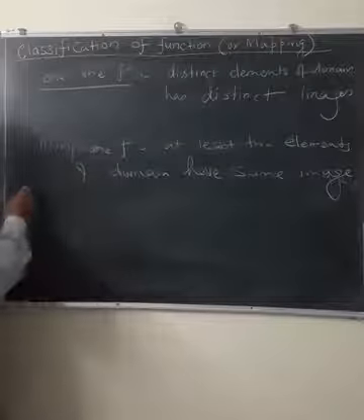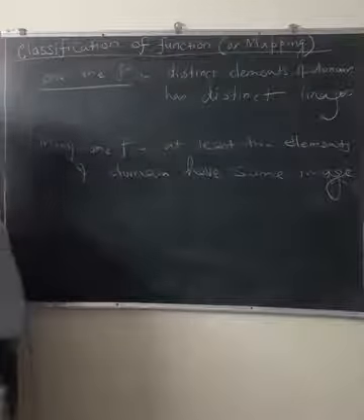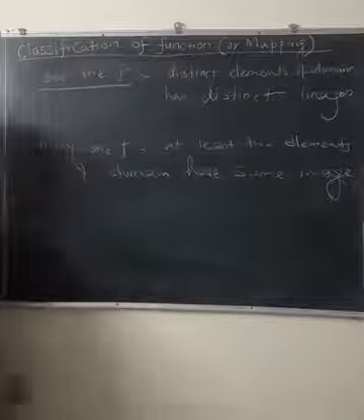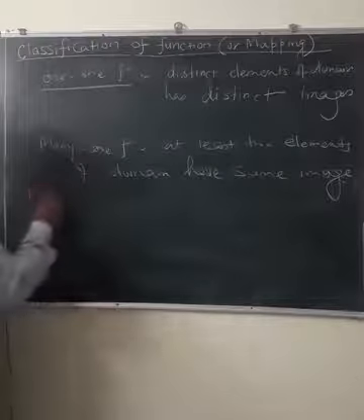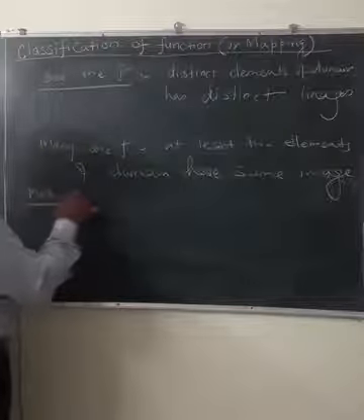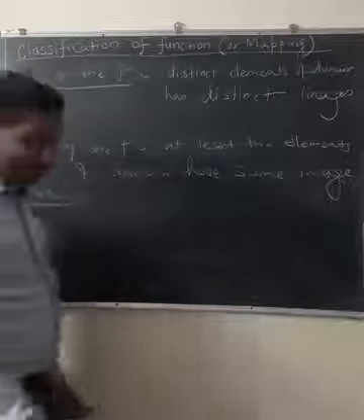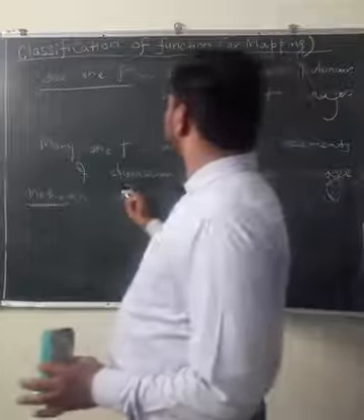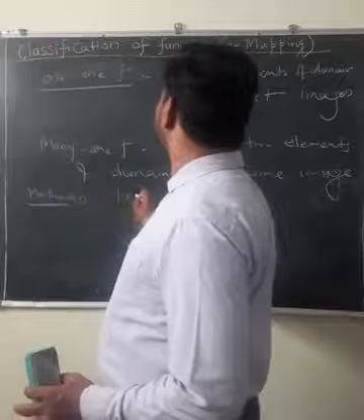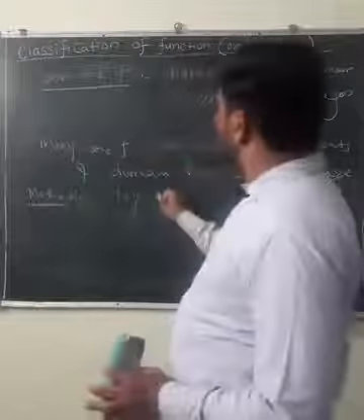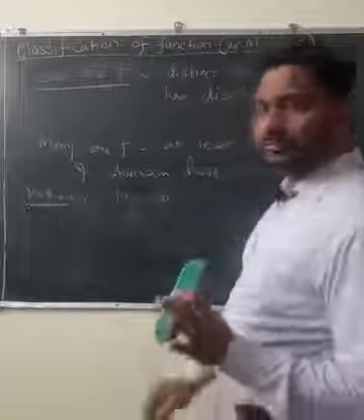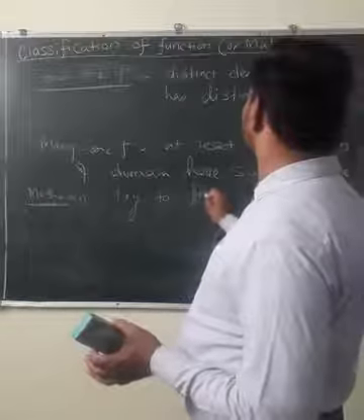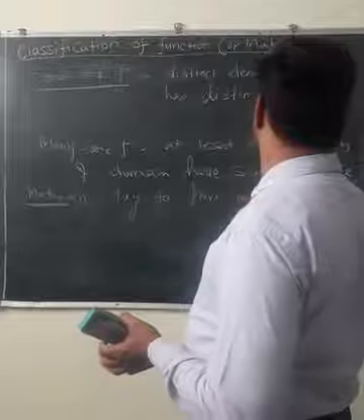So how do we decide whether a function is one-one or many-one? For this, I will discuss 4 methods. Method 1: in this method I will try my best to prove that it is a many-one function.